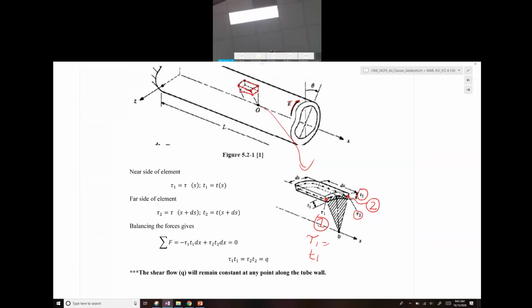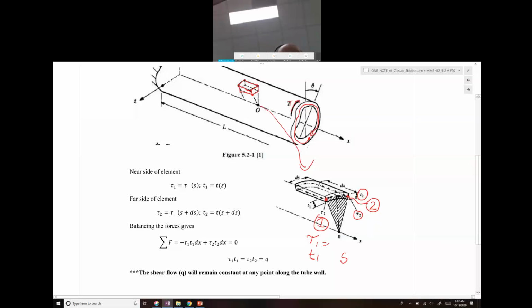All right, so we can define point S as being at a location S along the perimeter of our circle. So you can think about if we started our perimeter here, we went all the way around our circle.